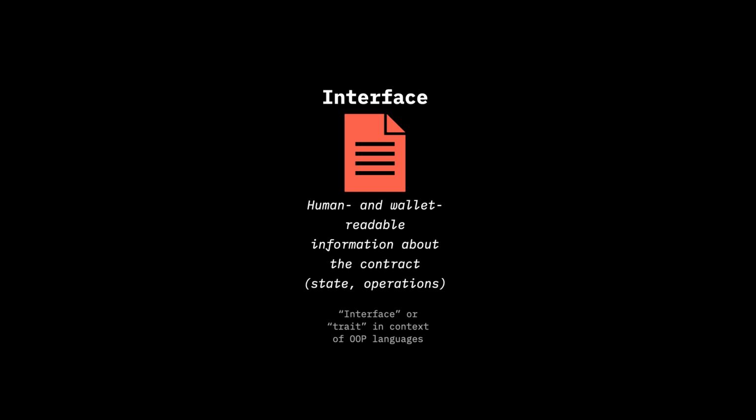With the new release, this has changed. We introduced the concept of interfaces, which explains to the software how the contract can be interacted with, what state it exposes, what is the semantical meaning of that state, what operations can be performed with the contract, what data types are there, and so on and so forth. So that's what an interface is.